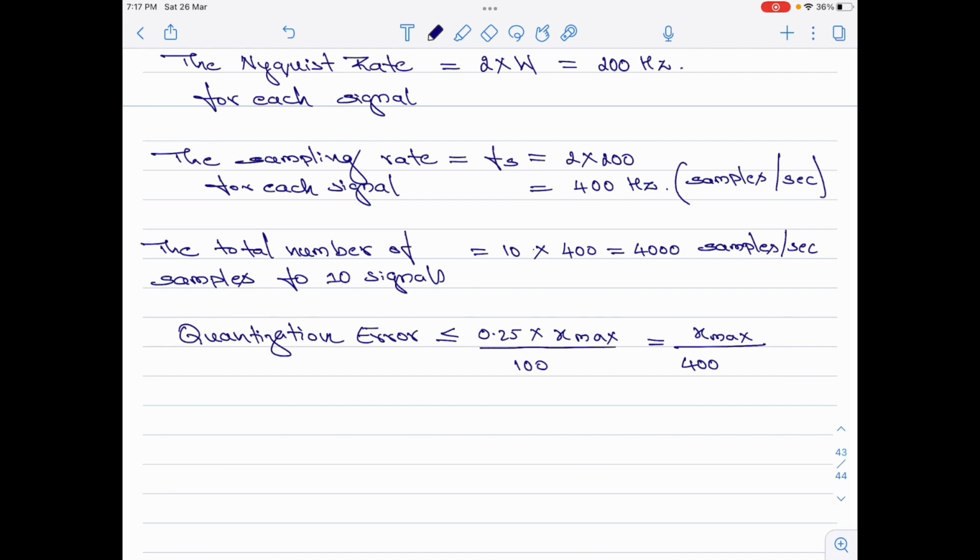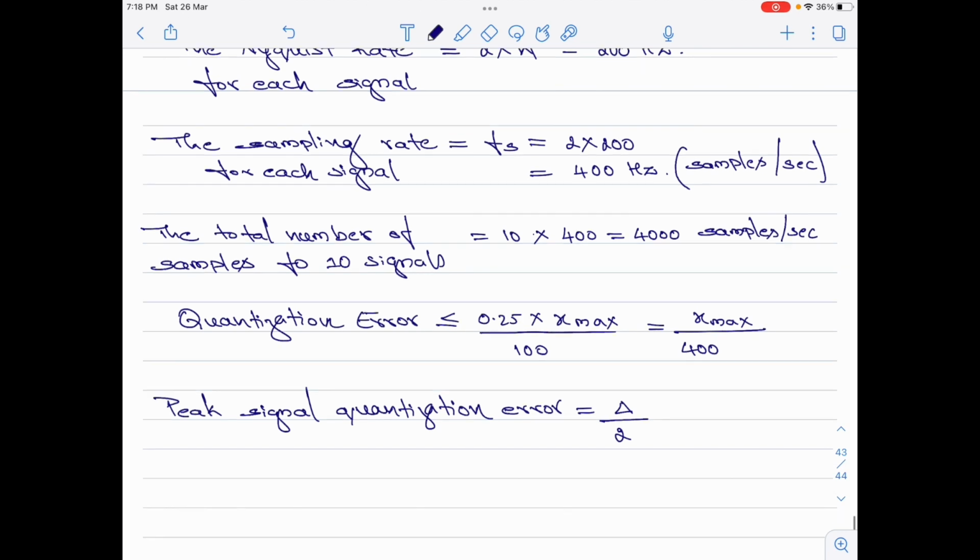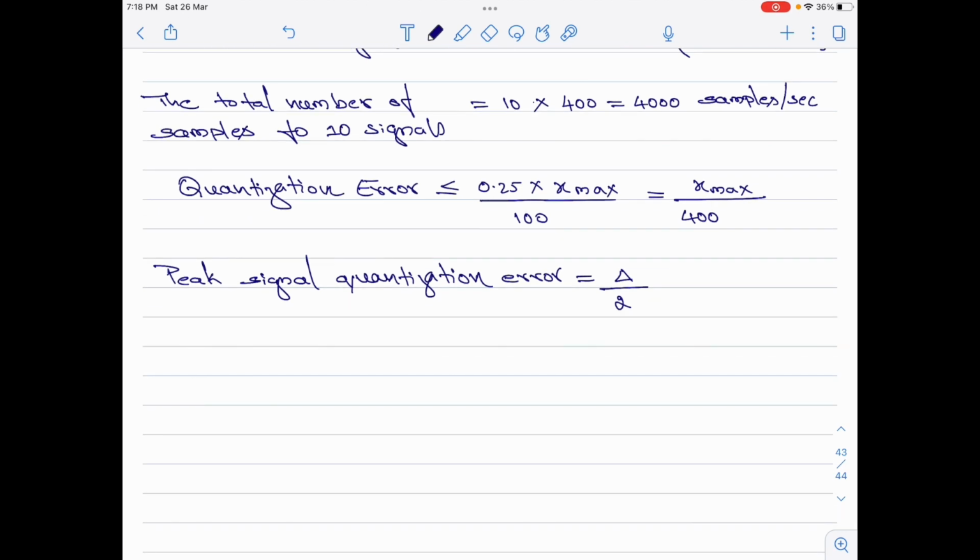I will now write the equation for peak signal quantization error, and this is given by delta divided by 2. This is applicable for both the mid-riser as well as the mid-tread quantizer. We know that delta, which is the step size, is given by 2 into X max divided by L, where L represents the total number of quantization levels.